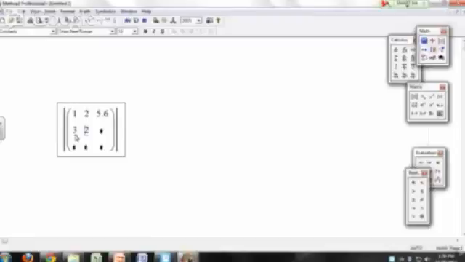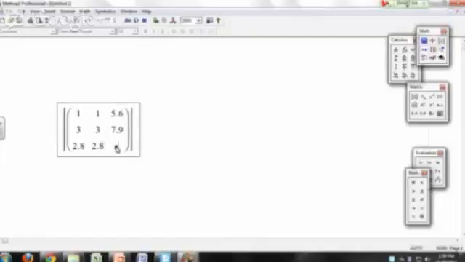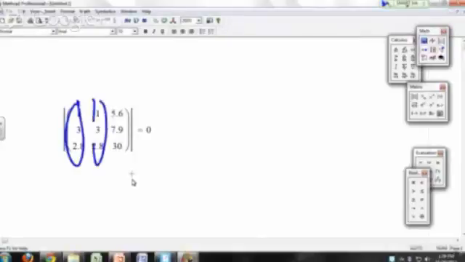I want to make 2 columns identical, so let's make this 1, and that's also a 1. And that's a 3, let's say this is 7.9. And let's make this 2.8. If I want to make the first 2 columns identical, I would have to make this one also 2.8. Pick a number here, 30. That's 0. Anytime you have any 2 columns of your determinant the same, then the determinant is 0.